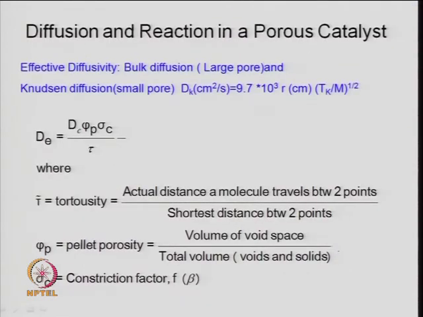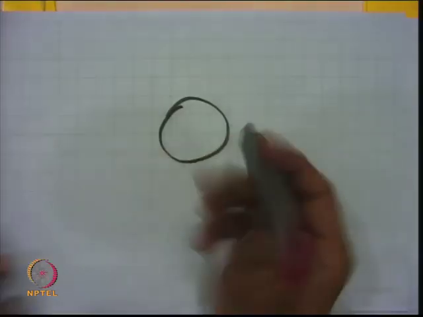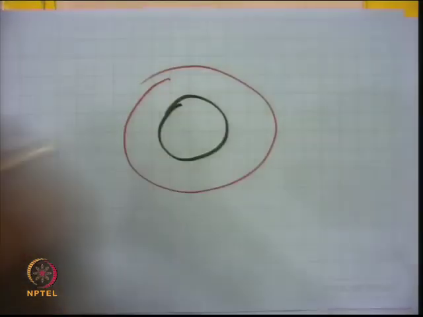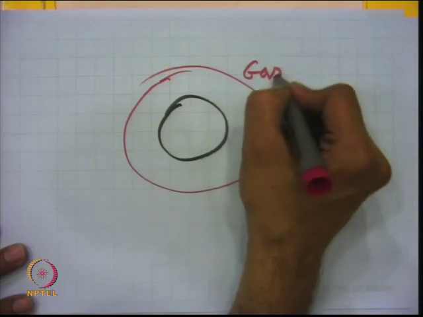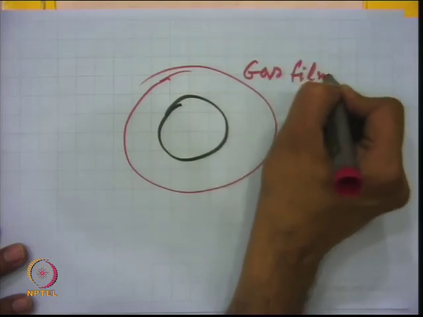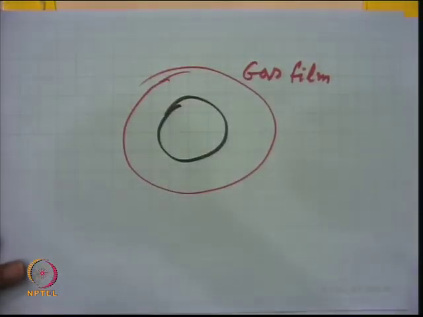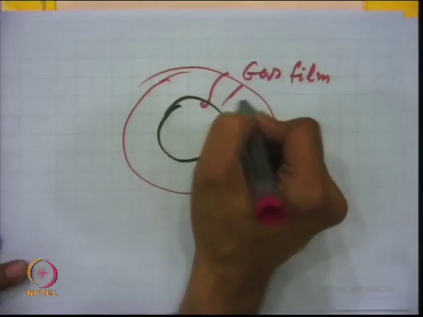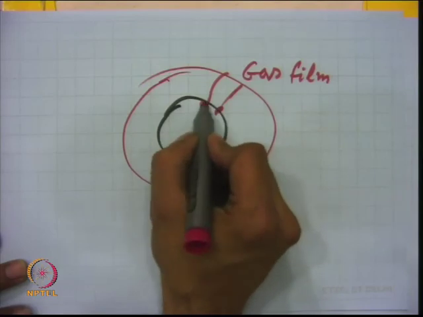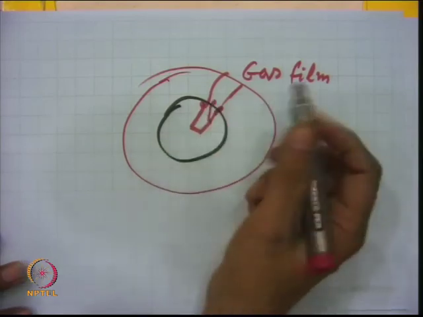But now, we first discussed the kinetics of the reaction, but in total there are several resistances here in the film. There was a gas film resistance which needs to be studied, and then there is diffusion in the catalyst pore.